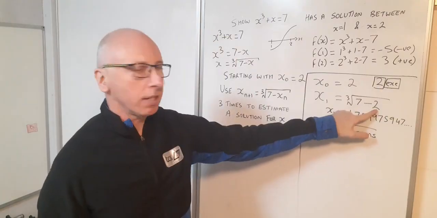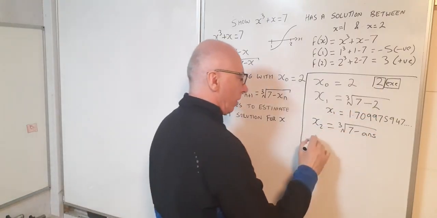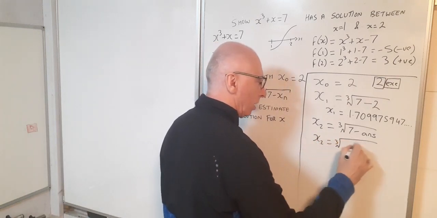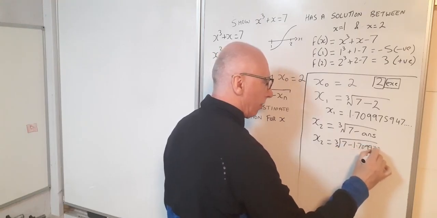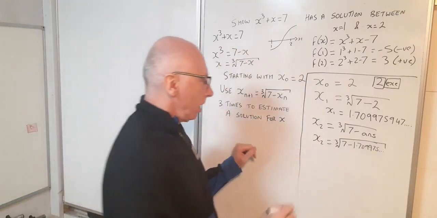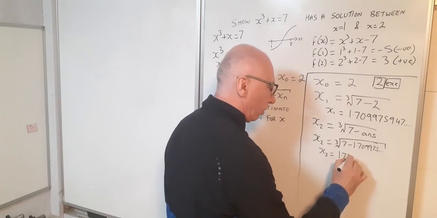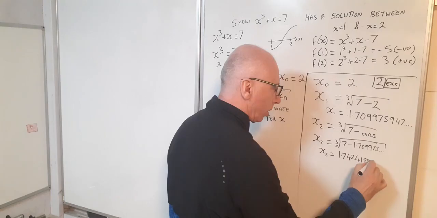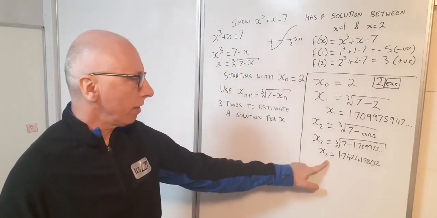So x2 equals cube root of 7 minus 1.709975. So put that in your calculator, I'll get x2 equals 1.74241802. So that's my second iteration taken care of.